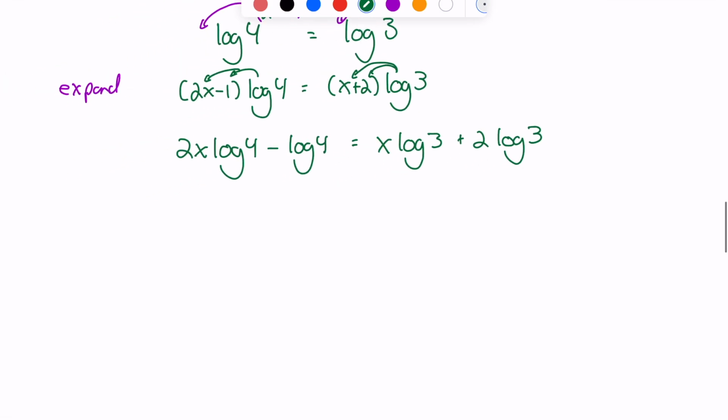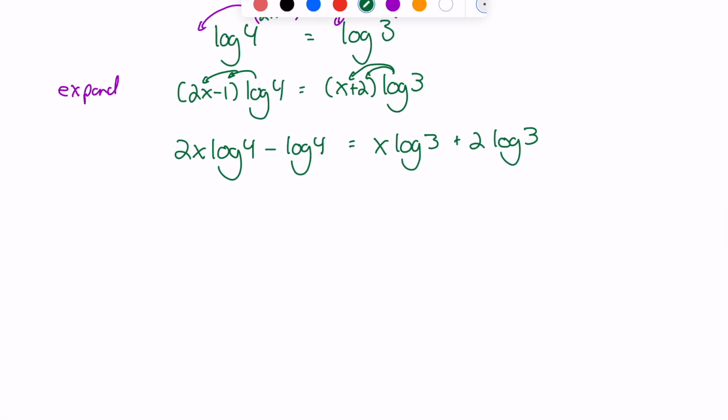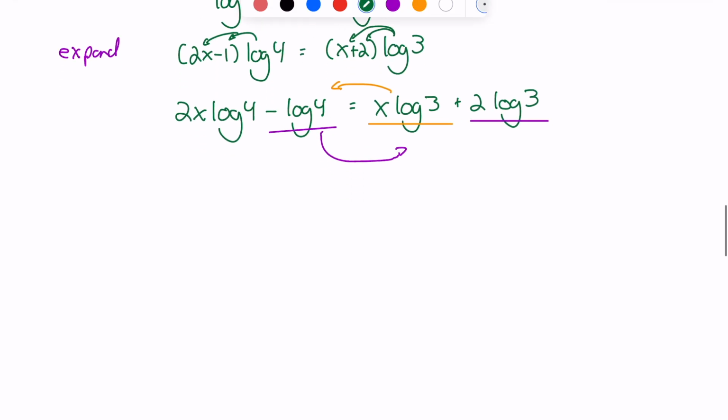Again, this step allowed me to get to the point where I can take all my x's on one side and anything that doesn't have an x on the other side. So I will bring this term over here, and I will bring this term to that side. So I will get 2x log 4.